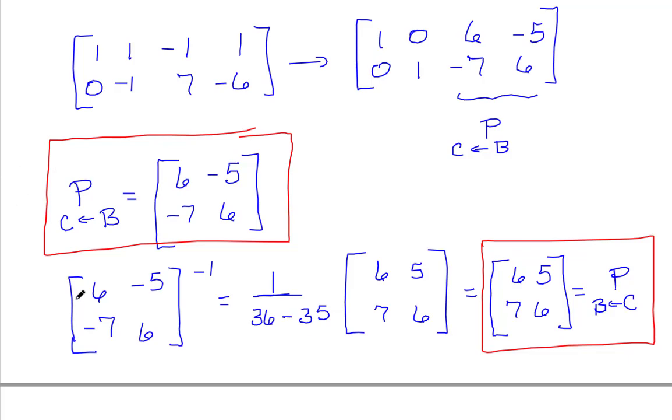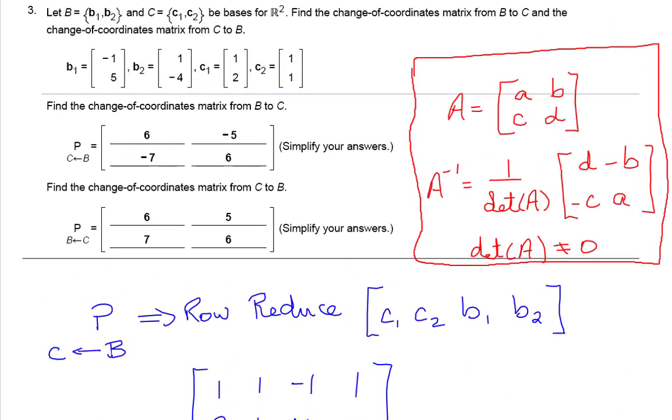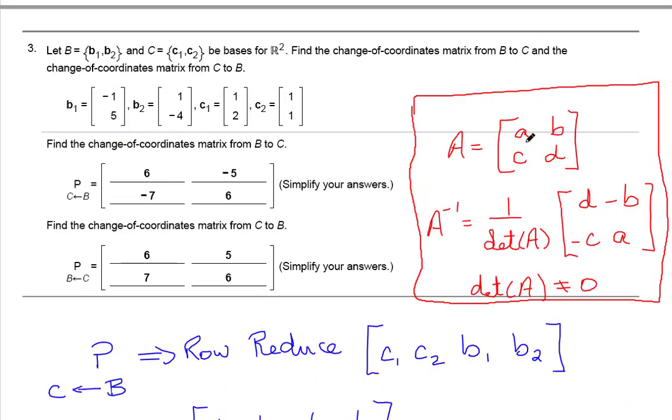And then to get the inverse, we need to find the inverse matrix. So if you remember from what we did previously, let's scroll back up. If I have a 2 by 2 matrix and I want to find the inverse, it's 1 over the determinant of the original matrix. A and D switch positions, and I get a minus C and a minus B. And this works so long as it is invertible, meaning that the determinant is not 0.